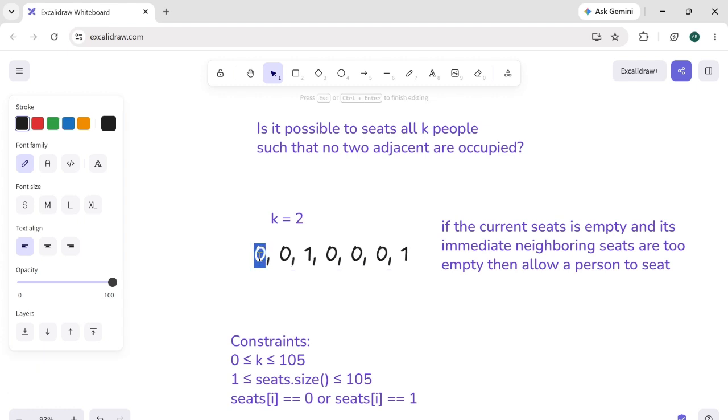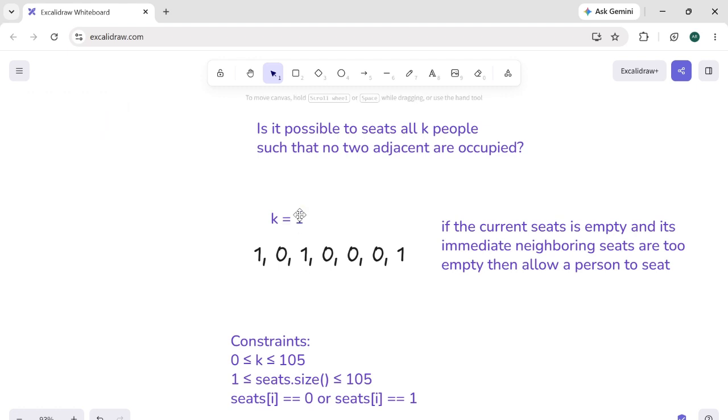So I'll simply put 1 over here, which indicates that this place is no longer empty, and I'll decrement k by 1. So now only one person is left to be seated. Now I'll move to the next index and see that this element is 0, which means the place is empty, but its immediate neighbors are occupied.